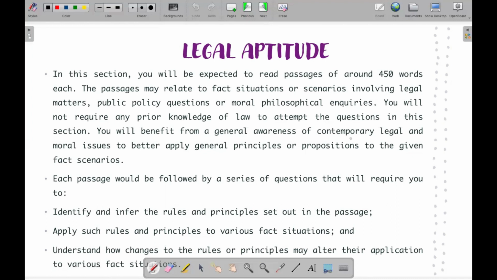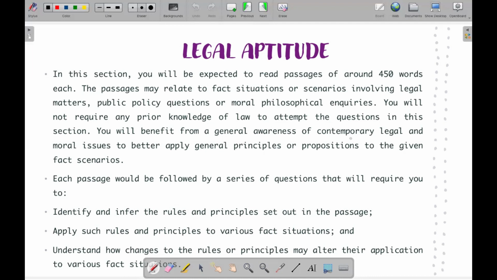Sometimes the law would be stated very obviously, like section 300 of some act basically says XYZ. So you have to directly apply that law on the factual situations which will be given to you after the passage, and think like a lawyer, think critically, and answer the question.